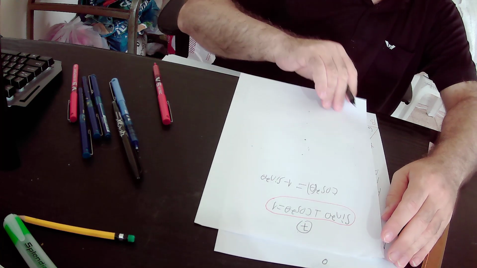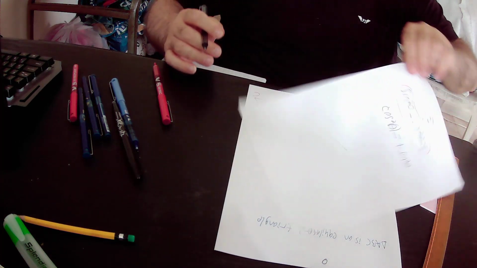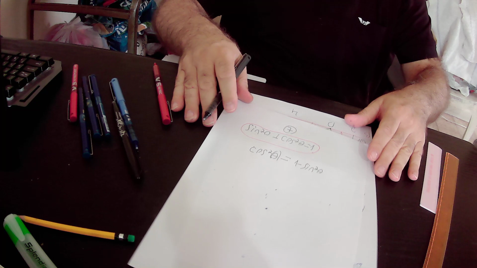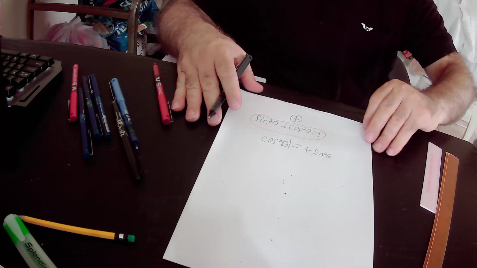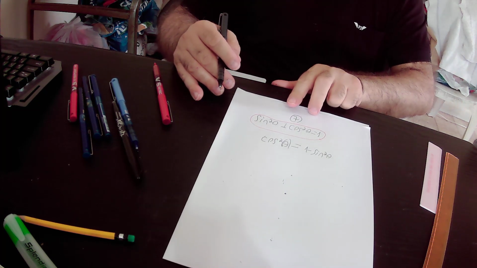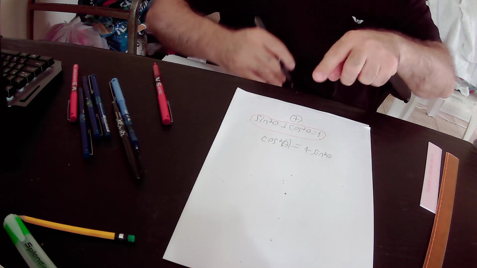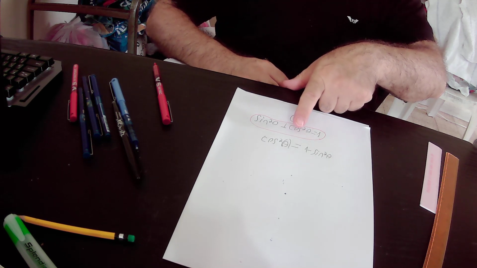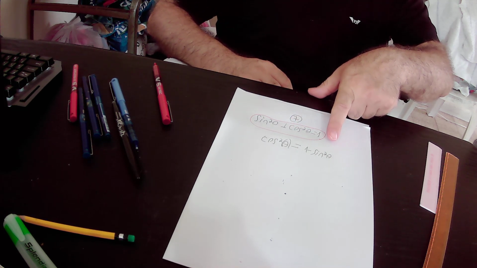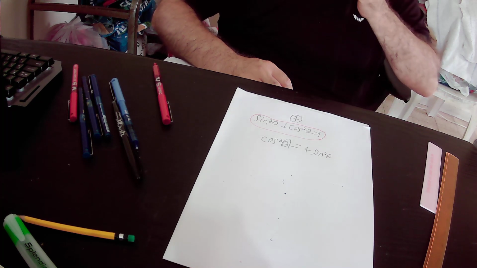Okay, we subtracted sinus theta squared from this identity, and we got that cosinus theta squared equals to 1 minus sinus theta squared.